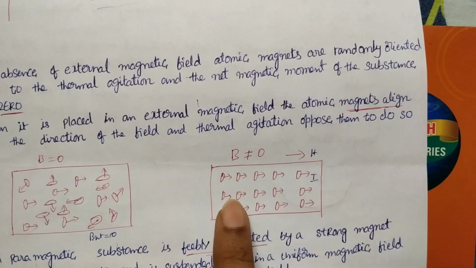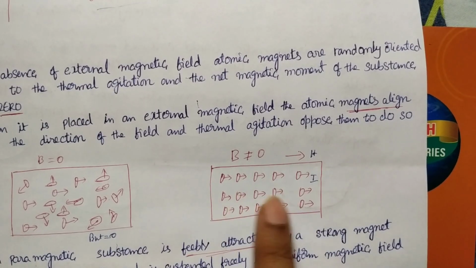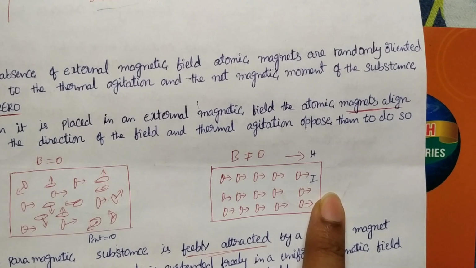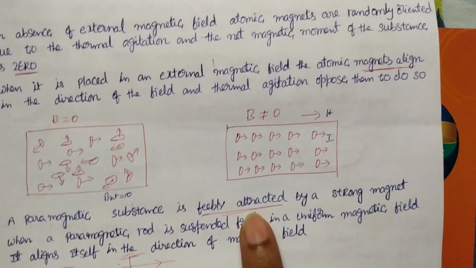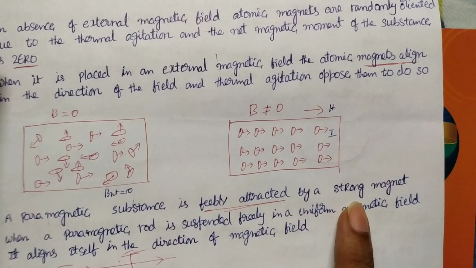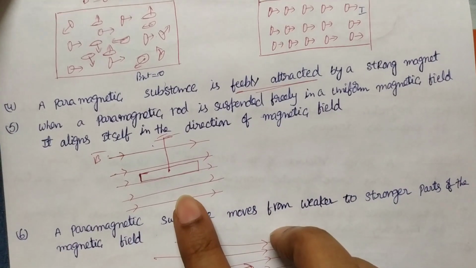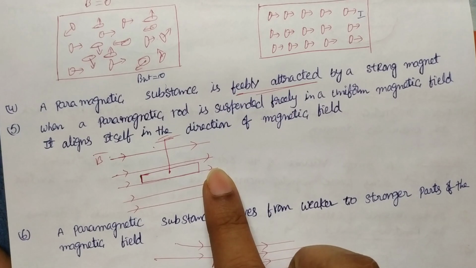If you send a magnetic field through them, they align properly and create an extra magnetic field. So these materials are feebly, slightly attracted. If you suspend this type of rod in a magnetic field, it stands in the direction of the magnetic field.